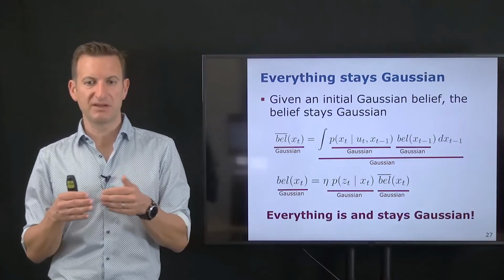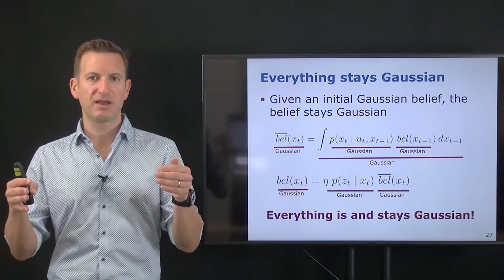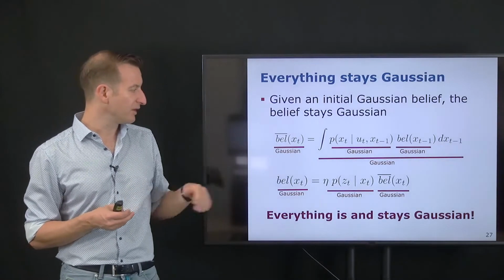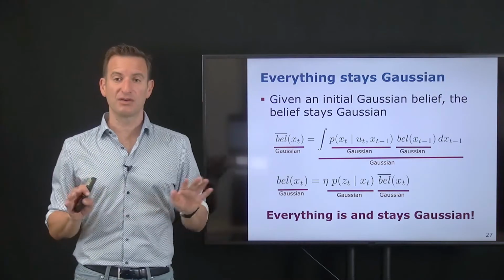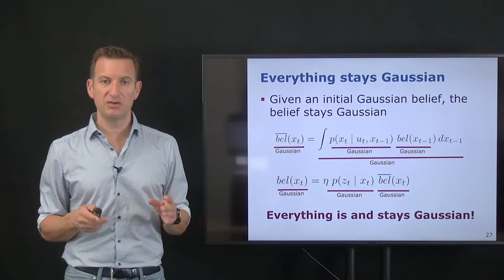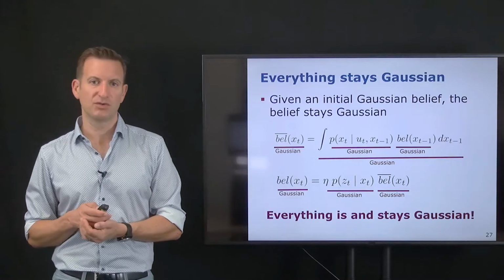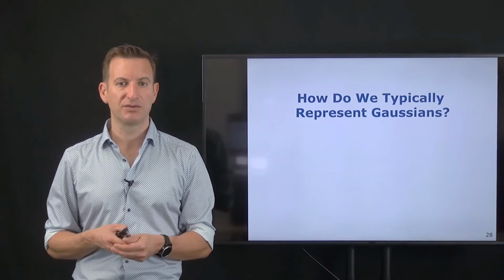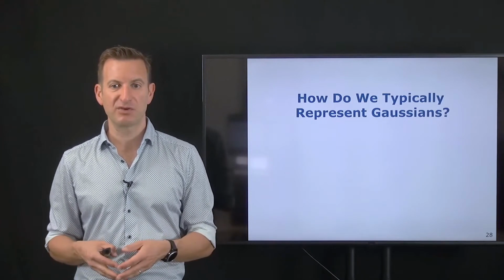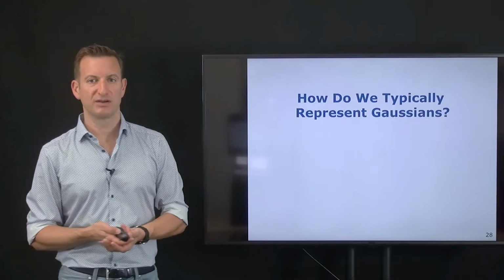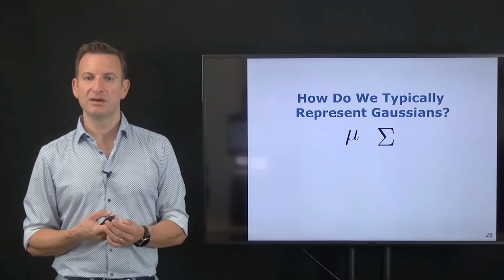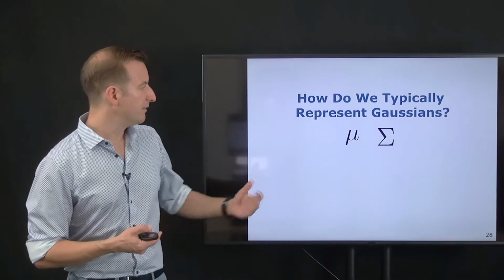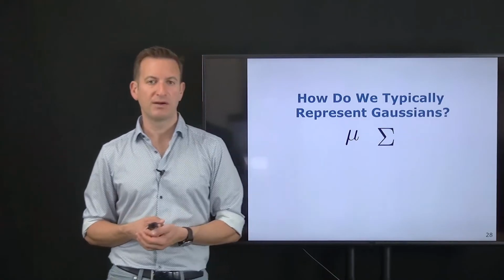Then we will stay continuously in this Gaussian world. We have basically shown that everything stays Gaussian as long as everything is Gaussian and linear, so that all the steps are Gaussian distributions all the time. So the only thing we need to do is maintain Gaussian distributions in the overall step of the Kalman filter. So how do we represent our Gaussian distributions? Gaussian distributions can be easily represented by a mean and a covariance. So the only thing we need to store in our Kalman filter, if we think about it from an algorithmic point of view, is a mean and a covariance matrix.